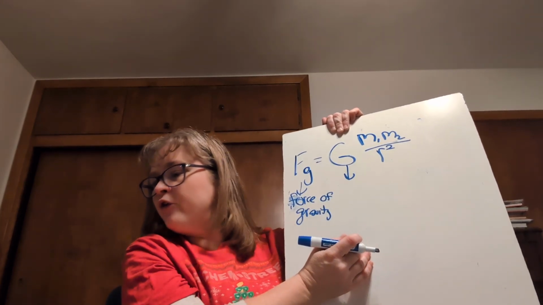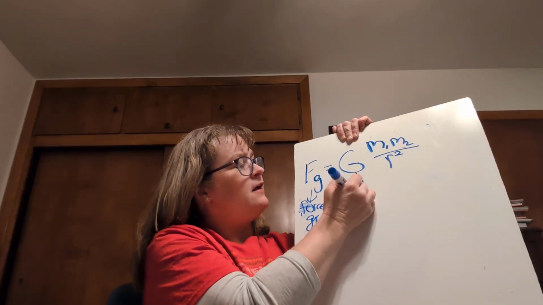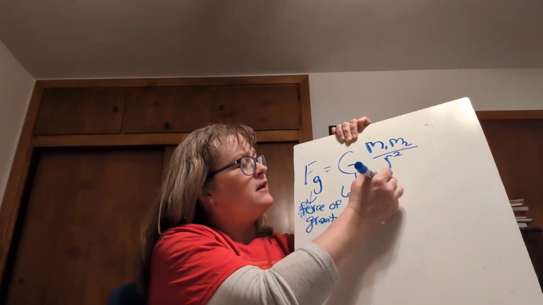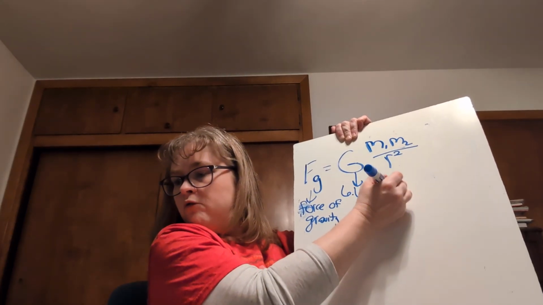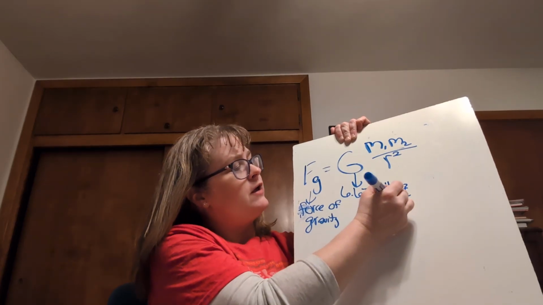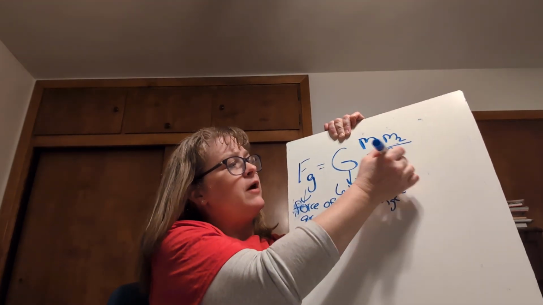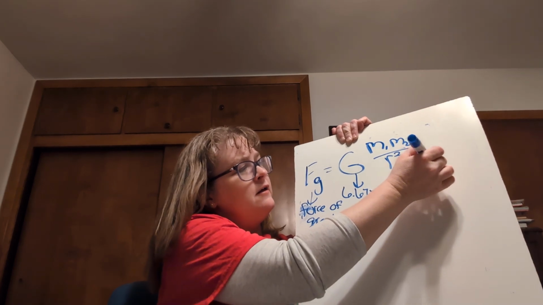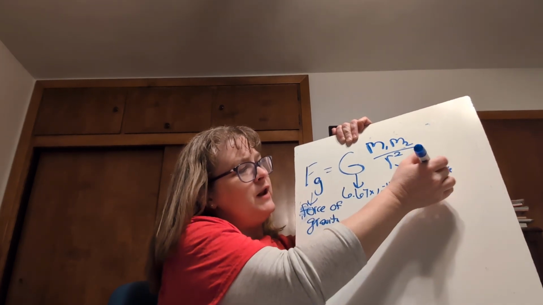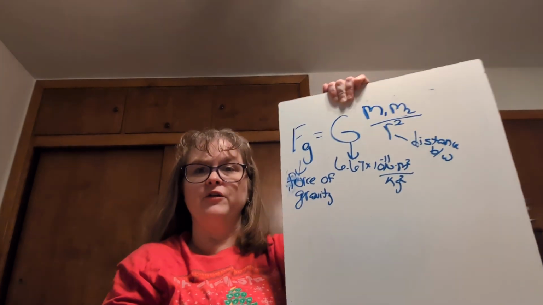It is the universal gravitational constant. It is 6.67 times 10 to the negative 11th Newton meters squared over kilograms squared. This is mass of 1, mass of 2, and this is the distance between. I don't love that they use radius because it's not really a radius, it's a distance between.